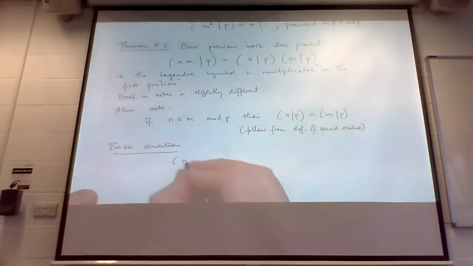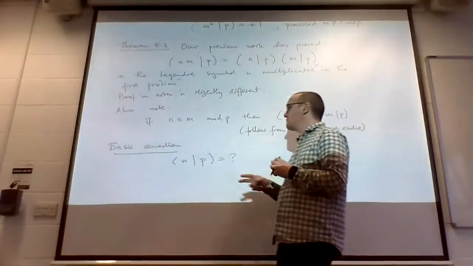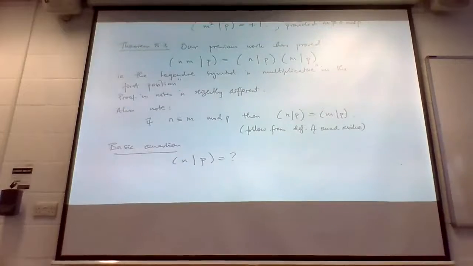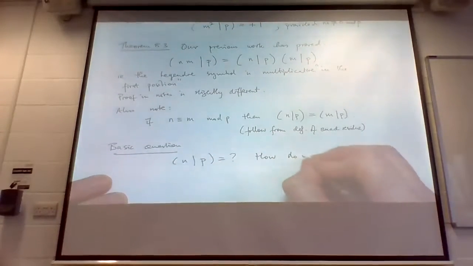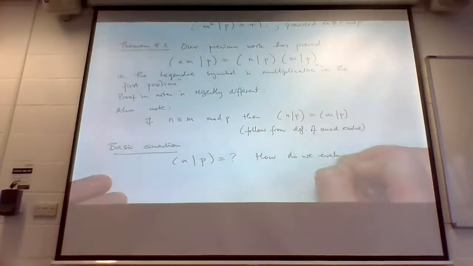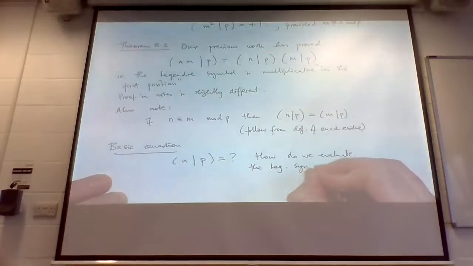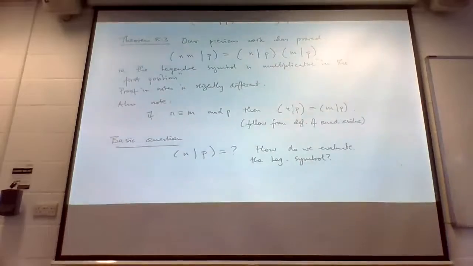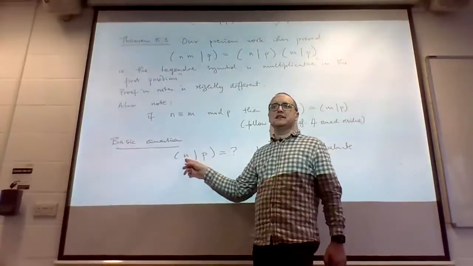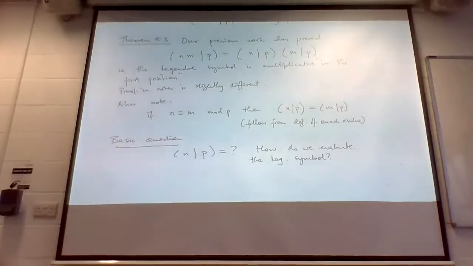So our basic question here is, how do we evaluate the Legendre symbol? How do we figure out if a given congruence class n is a quadratic residue modulo p or not?